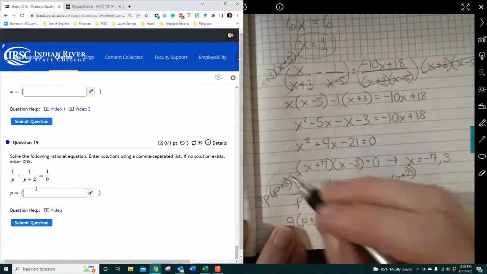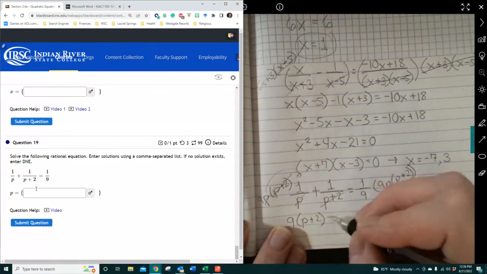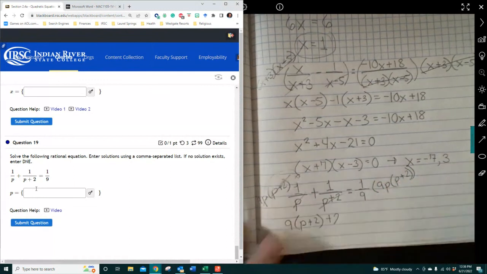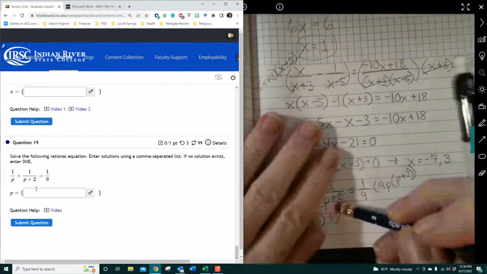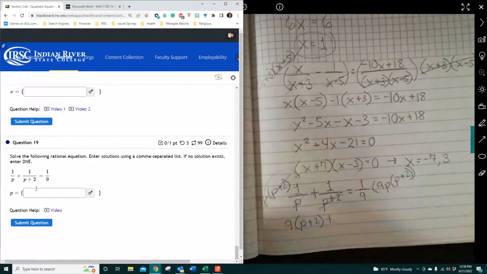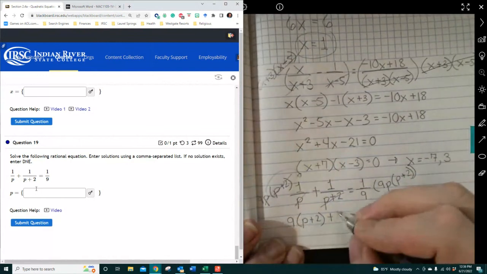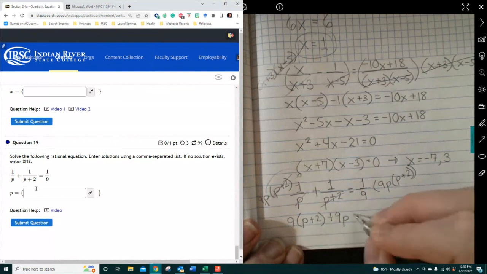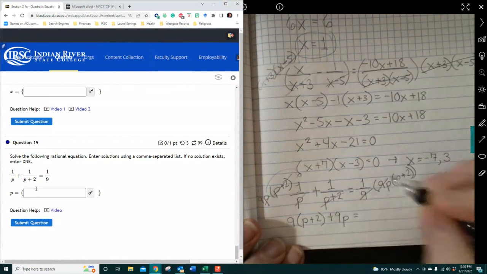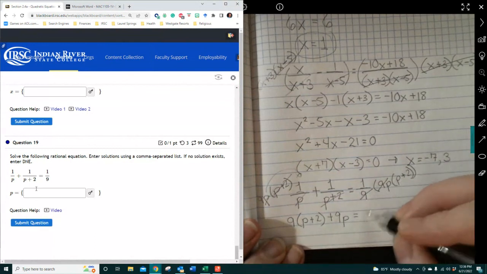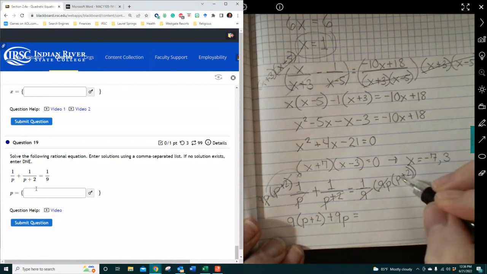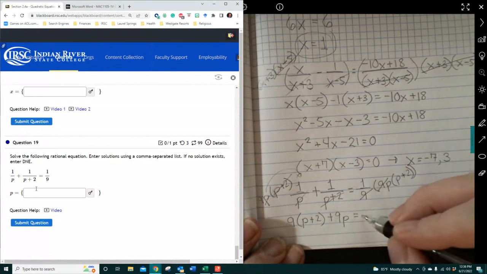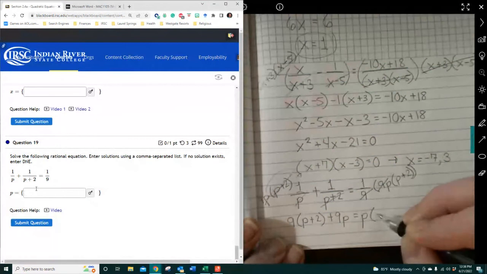Now, this is going to knock this out, leaving me with 9p times 1. Whoops. So I got 9p. And then the 9s will knock each other out here, leaving me with p times p plus 2 times 1, which is simply just p.